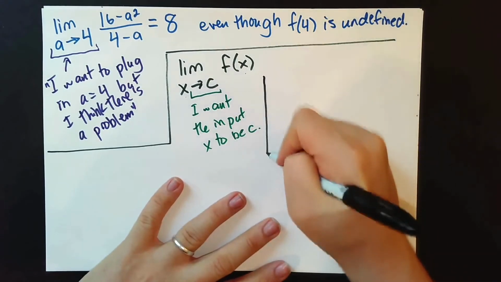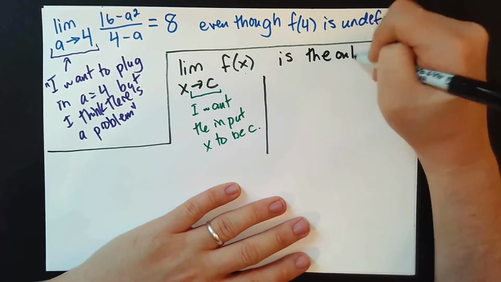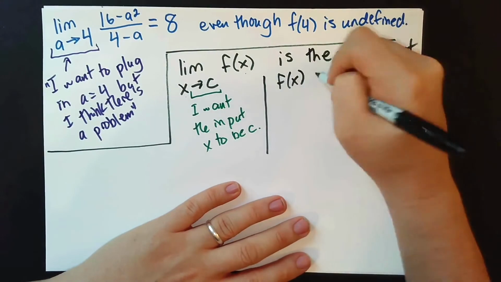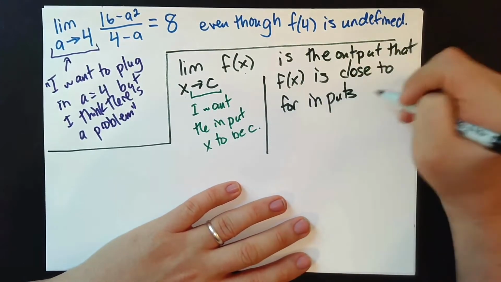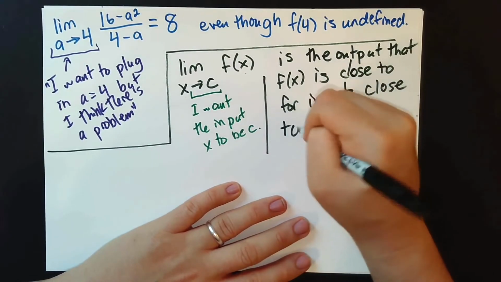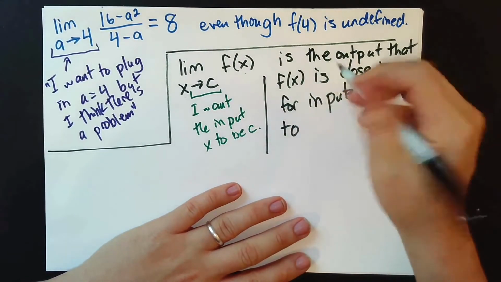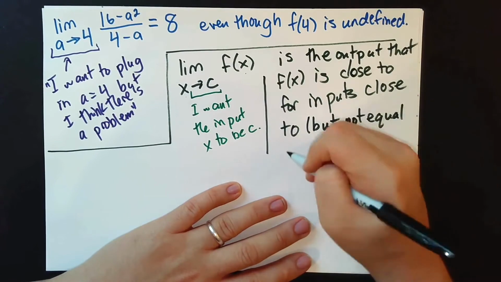I'm going to say this is the output that f of x is close to for inputs close to c. And I'm going to say not just close to c, but not equal to c.